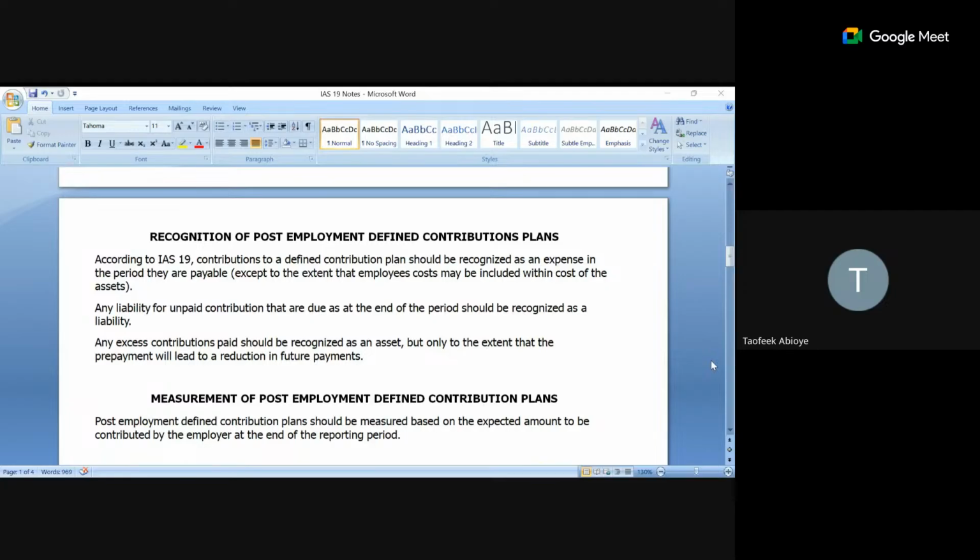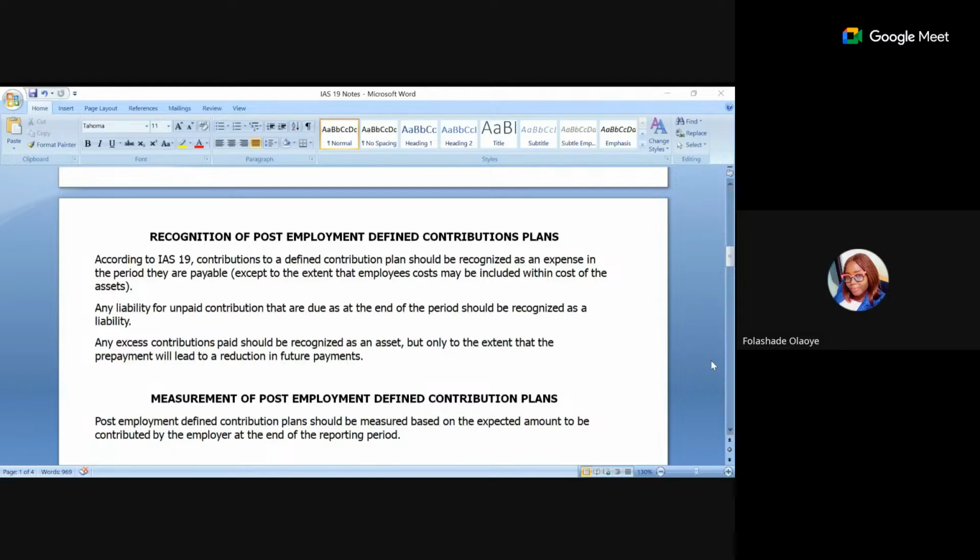The money you are contributing every month, in IAS 19 it will be assumed that it will be invested. That investment will now give you income. So that is why they call it plan assets and plan liability. So hope you get it now. Yes, I do. Thank you, sir. All right, so that is how plan asset comes in.